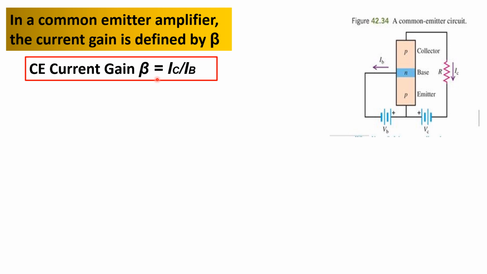In other words, this amount of current that is gained describes what we mean by a current amplifier. One of the functions of a transistor is to amplify the amount of current, and that's precisely what happens in a common emitter amplifier circuit as shown here.